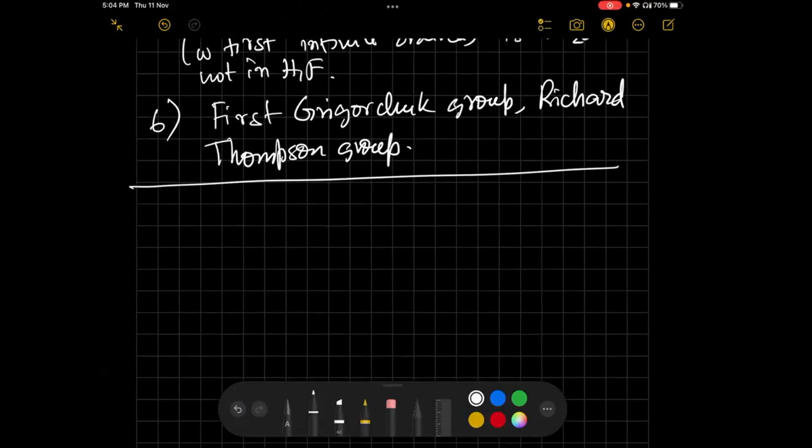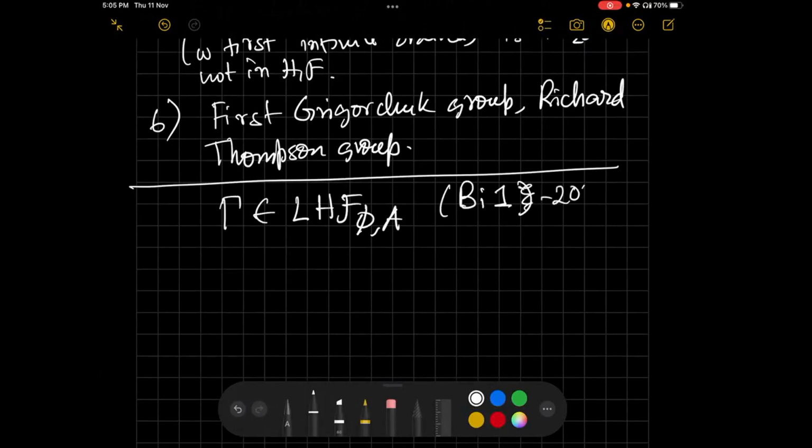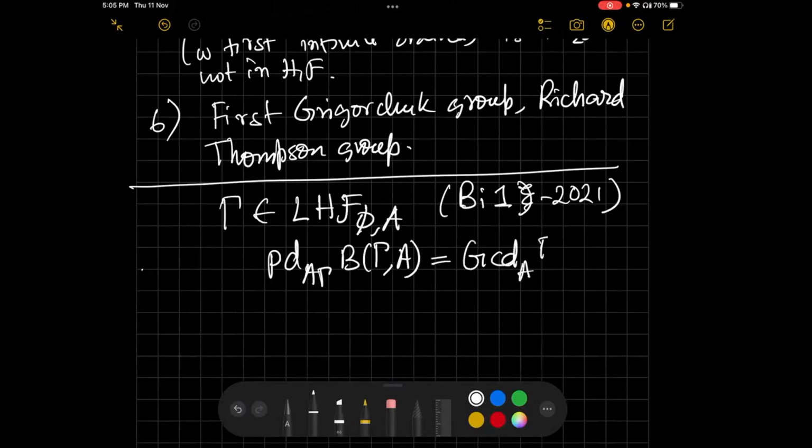So if a group is in LHF phi A, this is my result. I will be quoting one other paper of mine, so I can call it P1, 2021. Then the projective dimension of this guy, remember this module of functions from gamma to A that are only allowed finitely many values, is exactly equal to the Gorenstein cohomological dimension of the group.